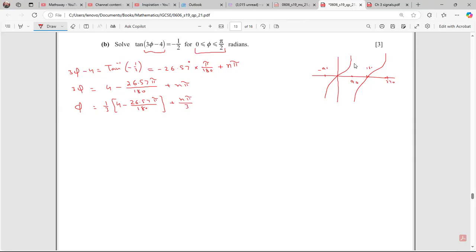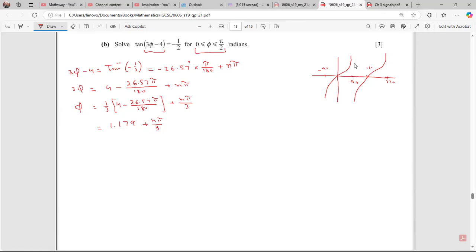Okay, if I calculate all this, it gives me 1.179 plus n pi by 3. Okay, now this is all in radians.